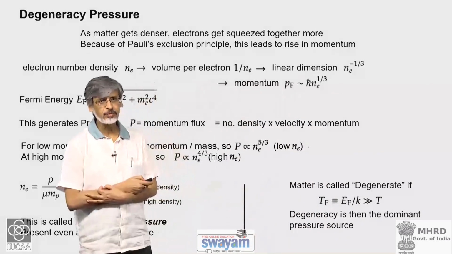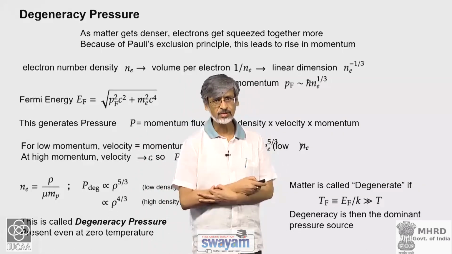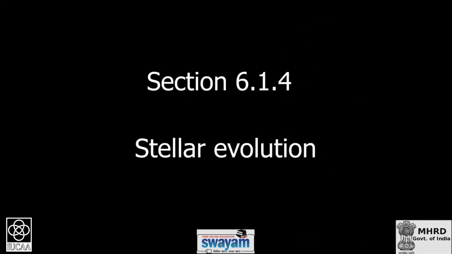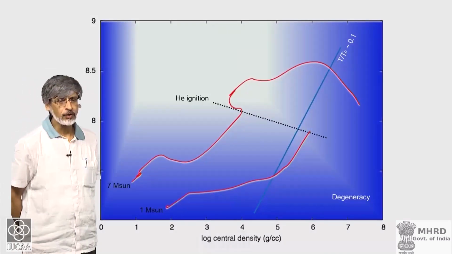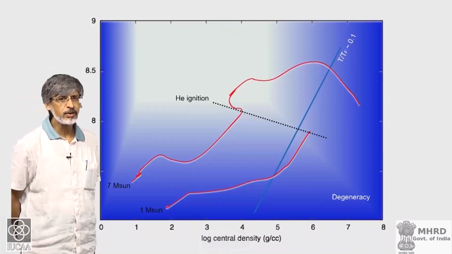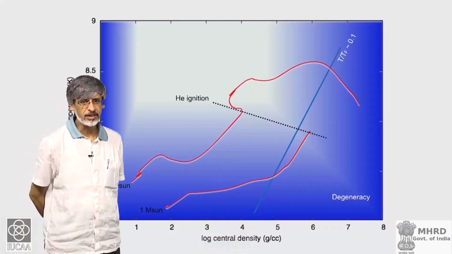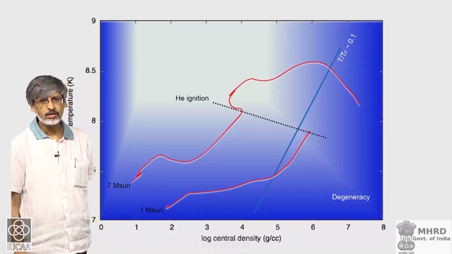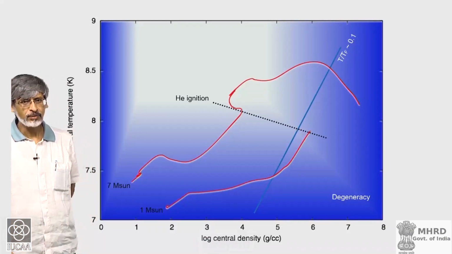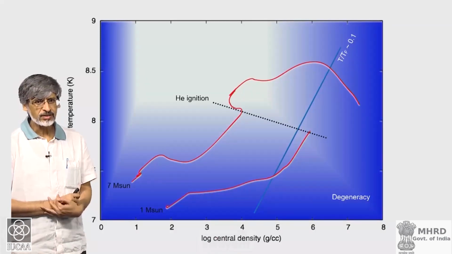Now, how does this degeneracy pressure affect the structure and evolution of stars? In this figure we illustrate the role that electron degeneracy pressure plays in controlling the fate of the stages of nuclear burning. What we plot here is a set of evolutionary tracks for two different stars.